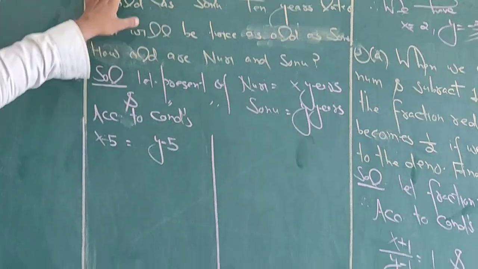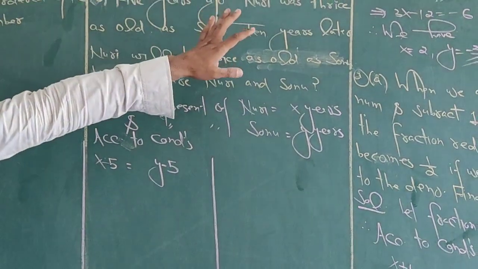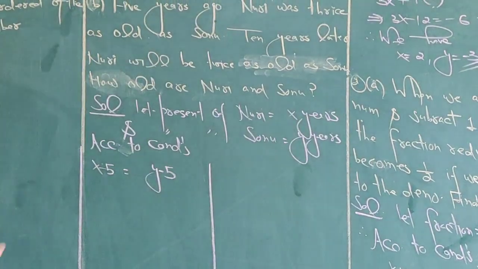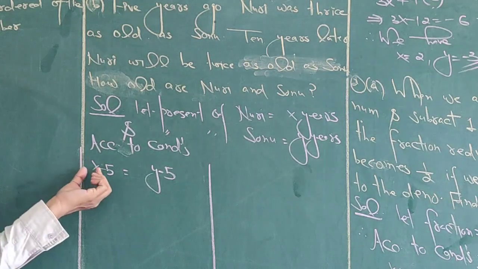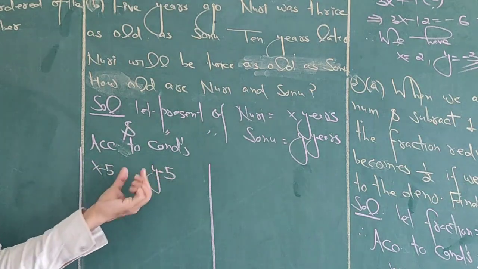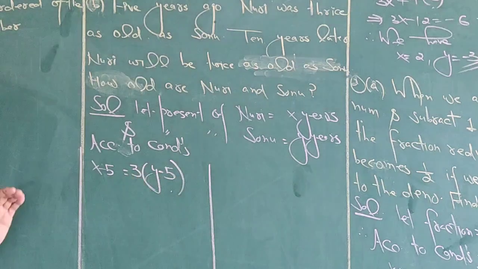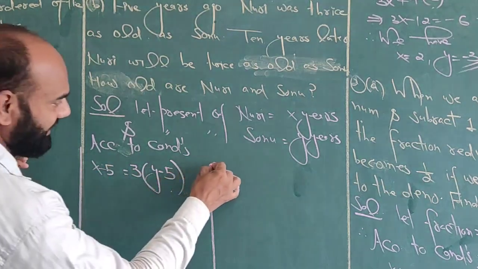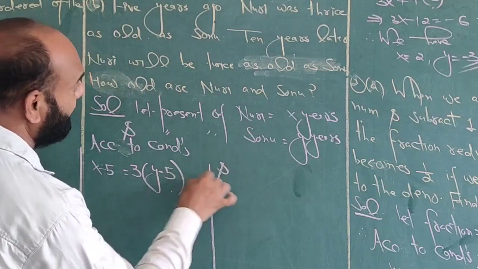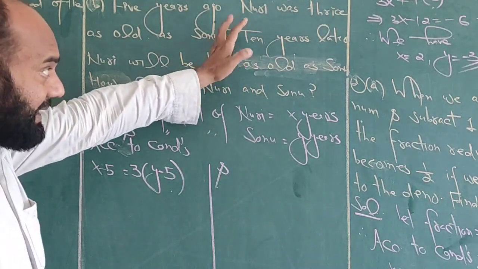The question says 5 years ago Nuri was thrice as old as Sonu, meaning the age of Nuri is 3 times the age of Sonu. Therefore x minus 5 is equal to 3 times y minus 5. And the second condition is 10 years later.